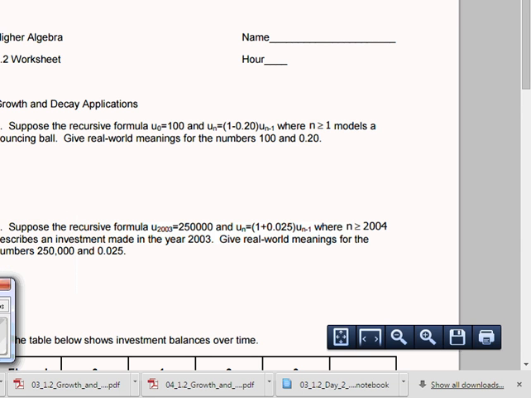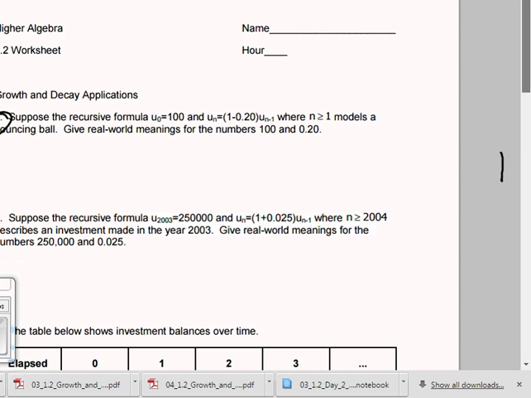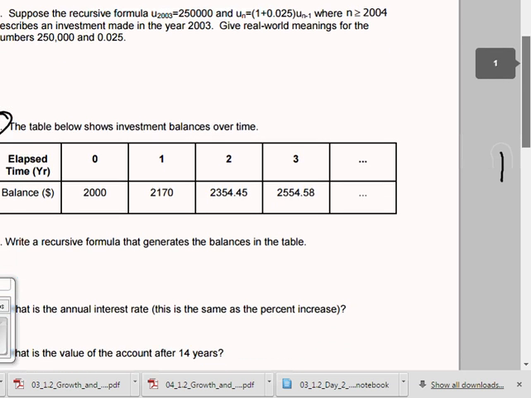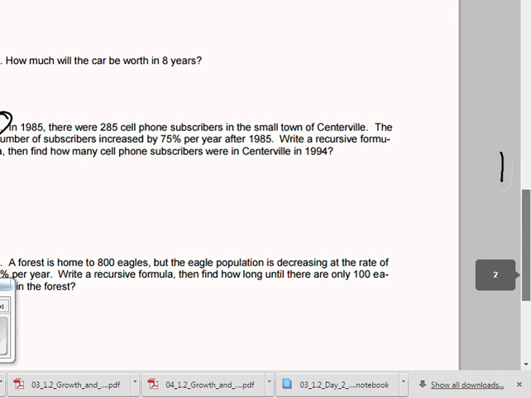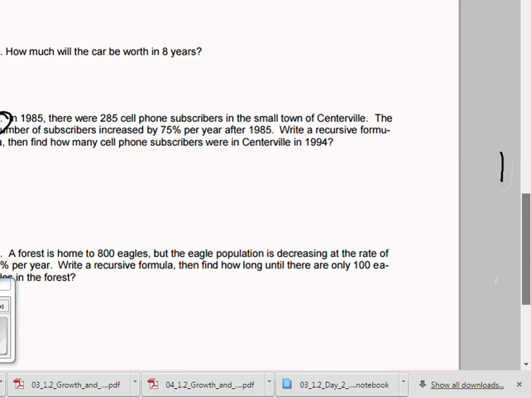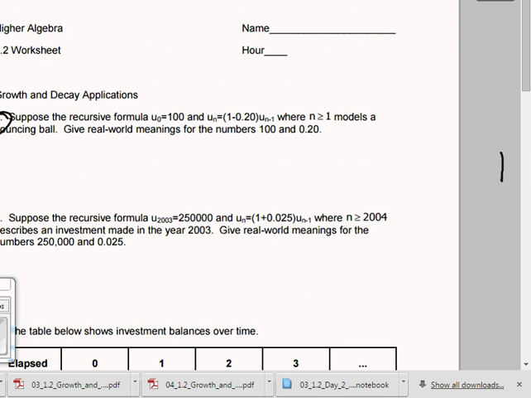We're going to do number 1, number 3, and number 5. So 1, 3, 5, and 7. So do the odd numbers. It's just 4 problems. And then lastly here, we're just going to look at this one quick.